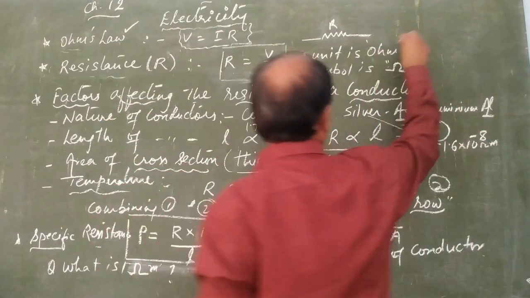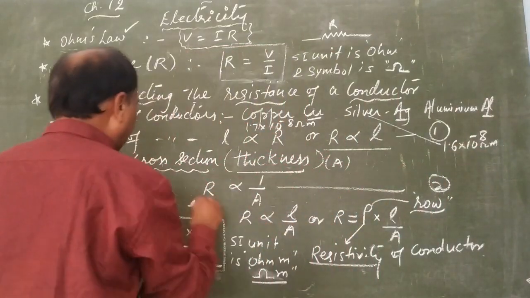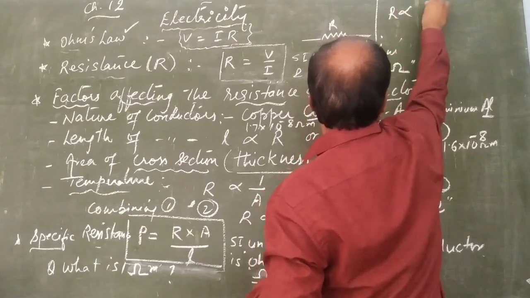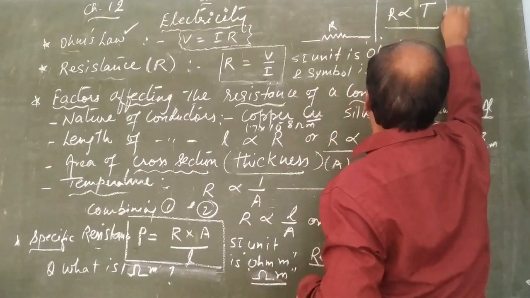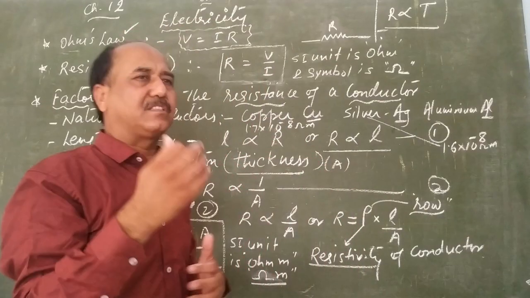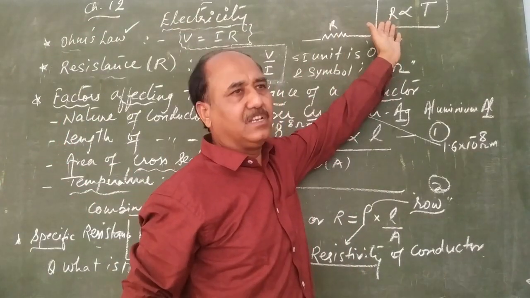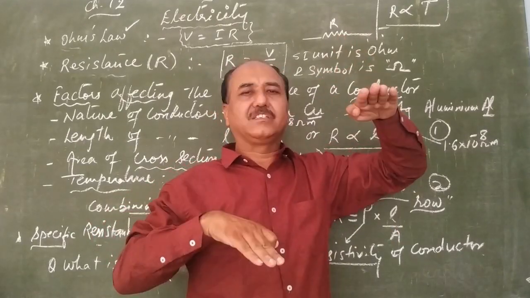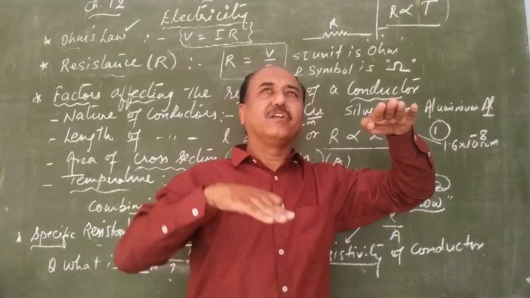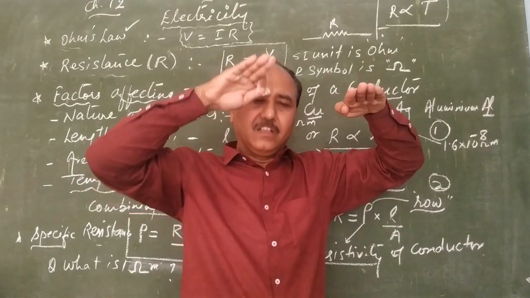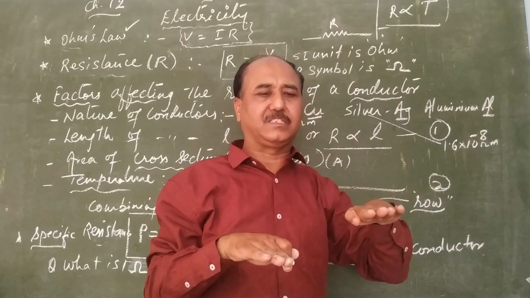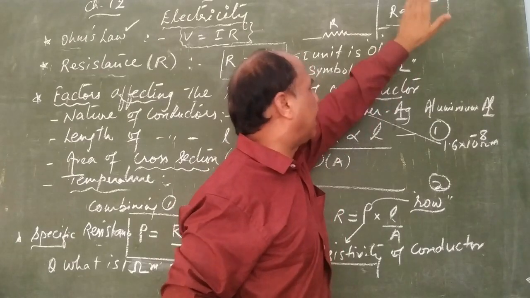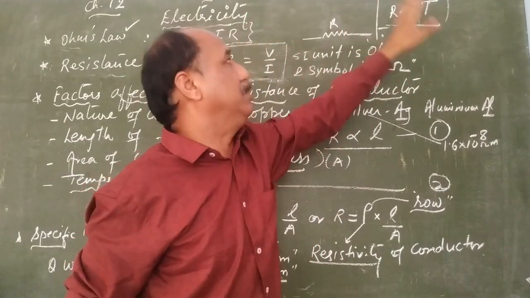That means R is directly proportional to temperature T. That means if you increase the temperature, the resistance of a conductor will also increase. So it is a directly proportional relation. On increasing the temperature, the resistance also increases, and when the temperature decreases, the resistance also decreases. Temperature directly affects the resistance of a conductor.